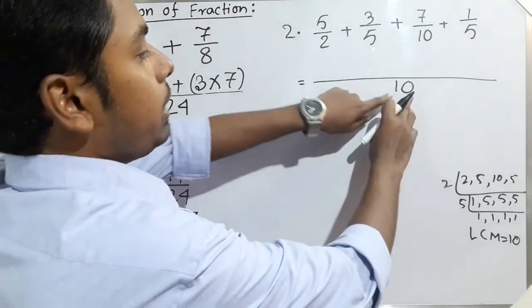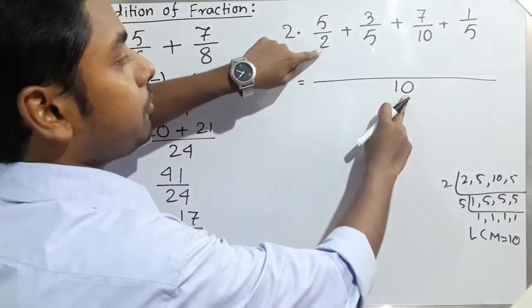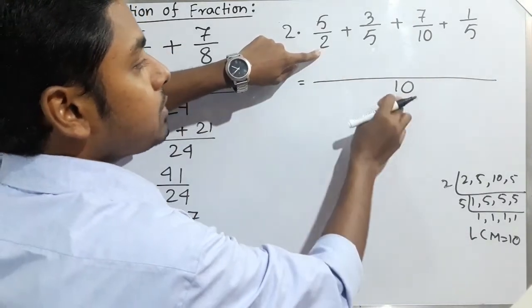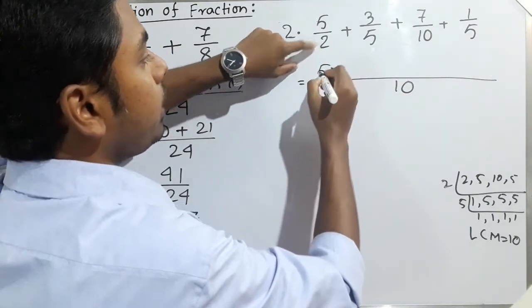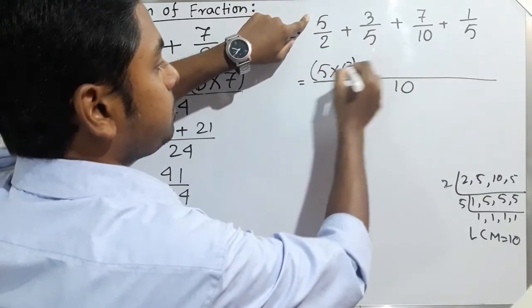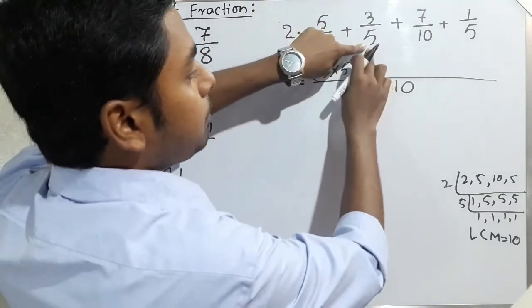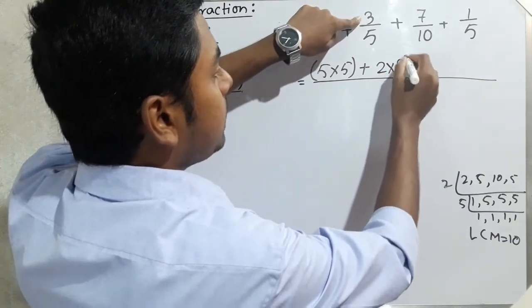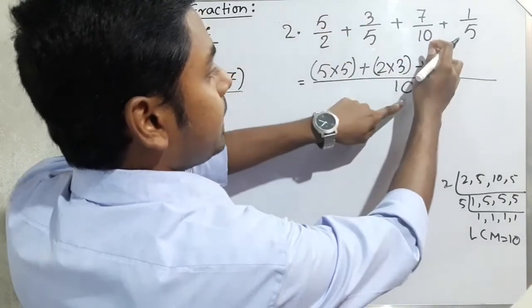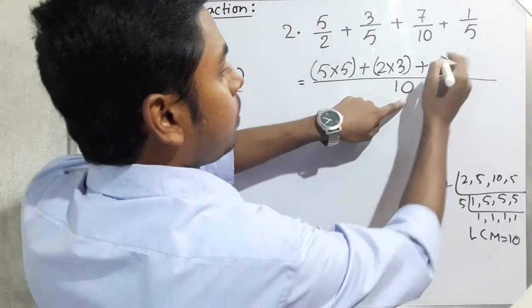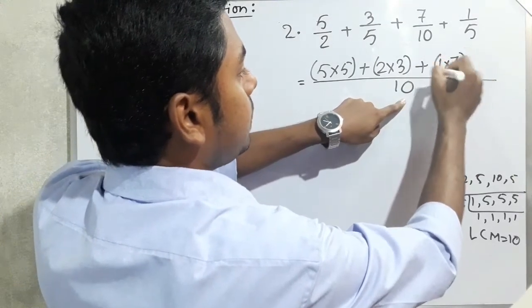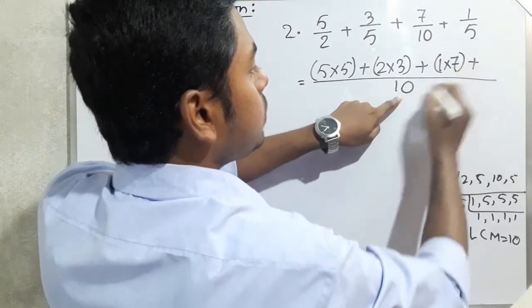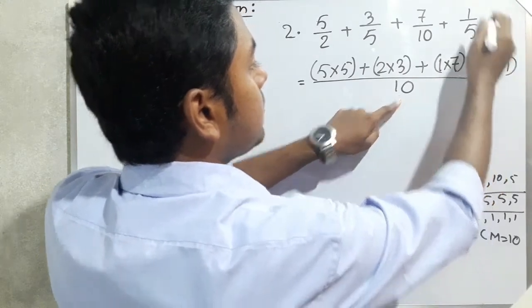Then what do you have to do? Divide this 10 by the first denominator, 2 5s are 10, then 5 into its numerator, plus, then 5 2s are 10, then 2 into its numerator, plus 10 divided by 1 is 10, 10 into its numerator, plus 5 2s are 10, 2 into its numerator.